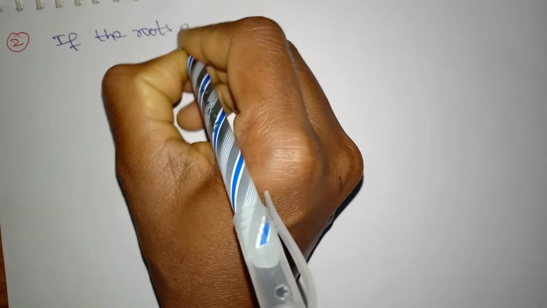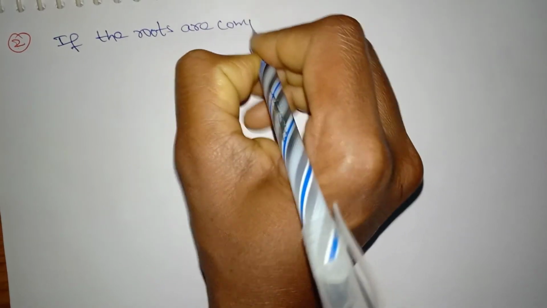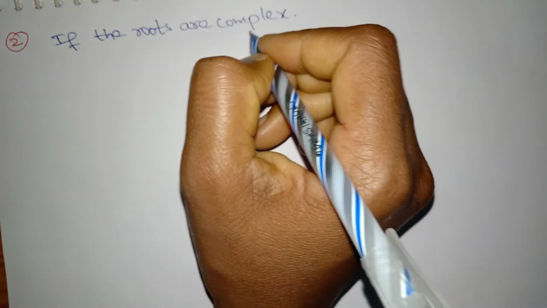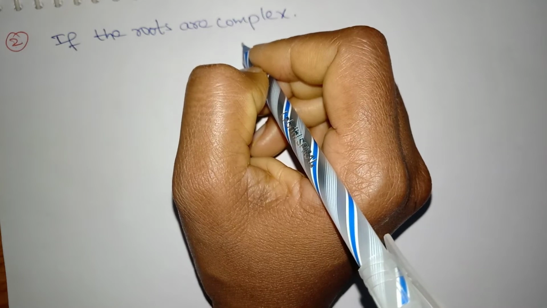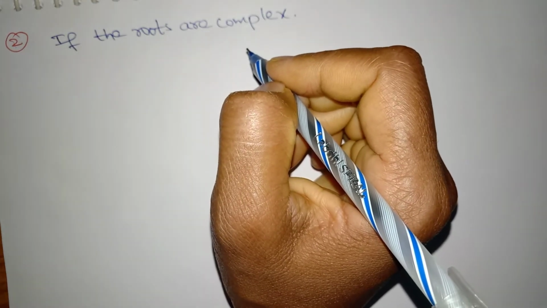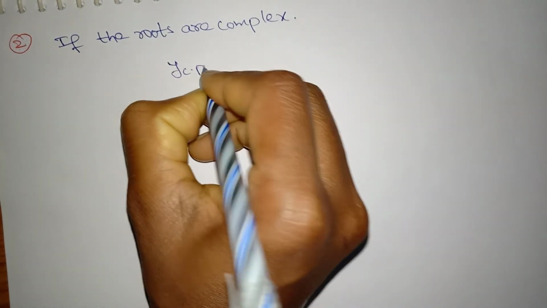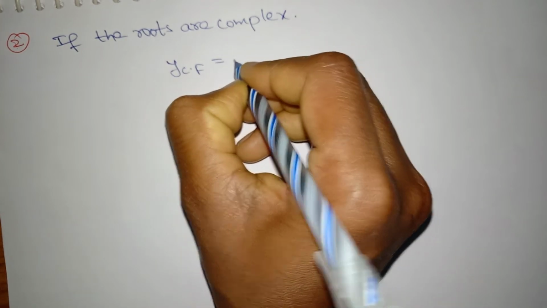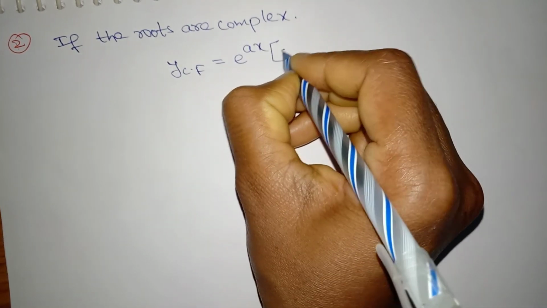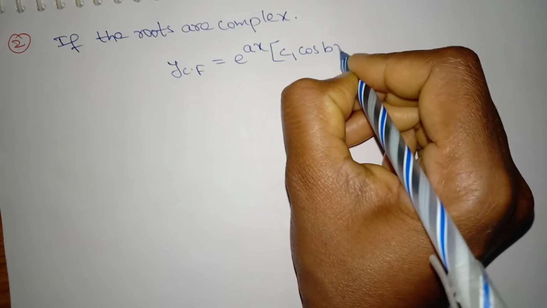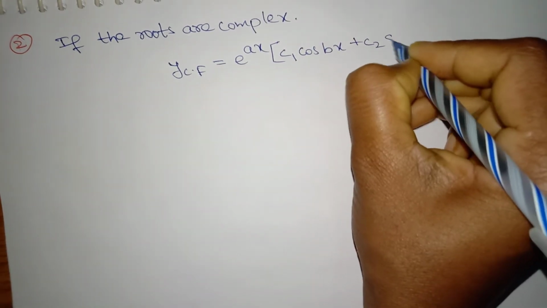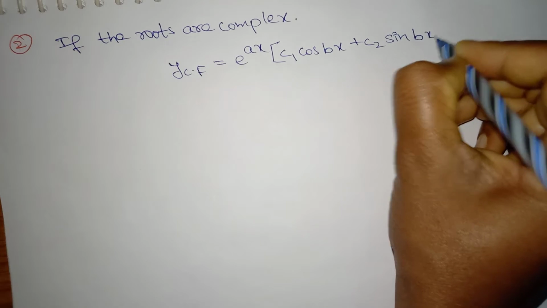if the roots are complex, that is, they exist in pairs, and in that pair one root will be real and the other root is imaginary, then the complementary function will be written as e power ax into c1 cos bx plus c2 sin bx.